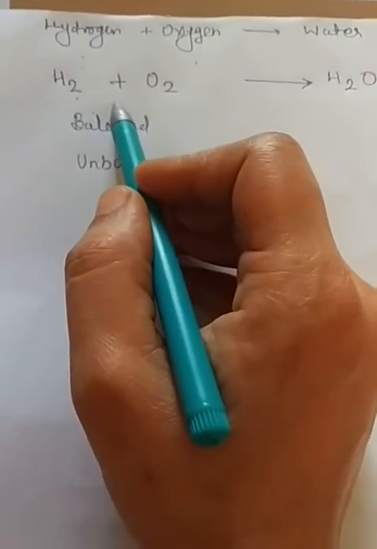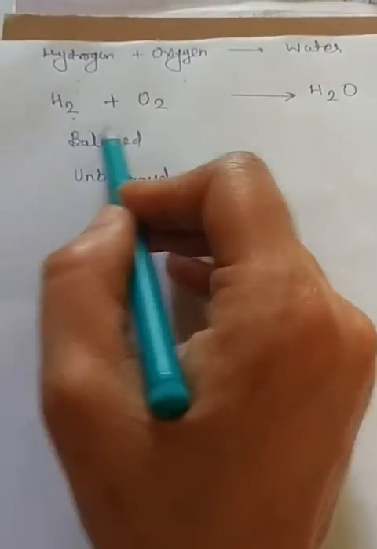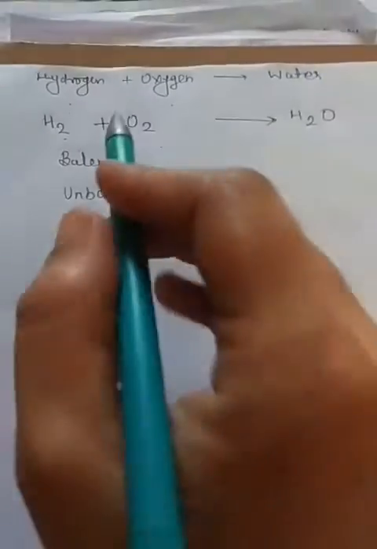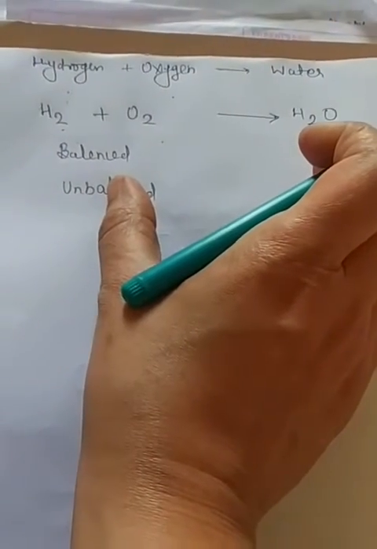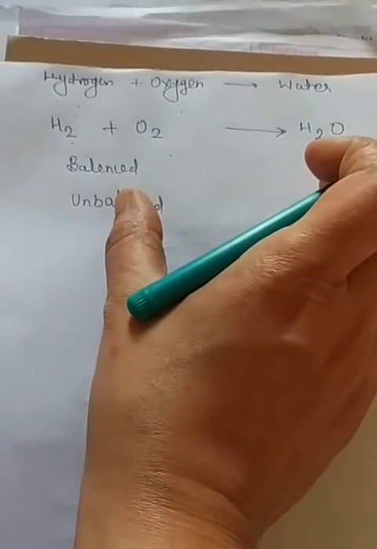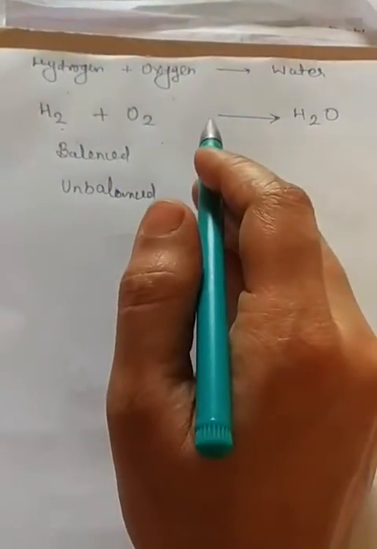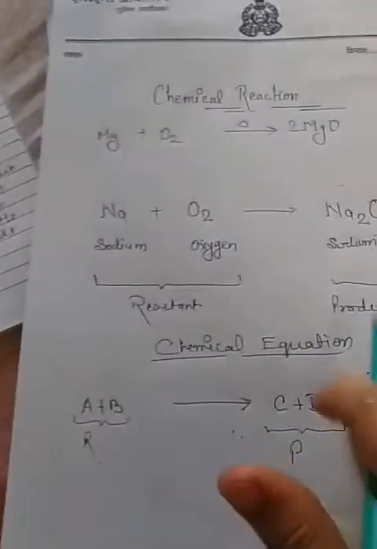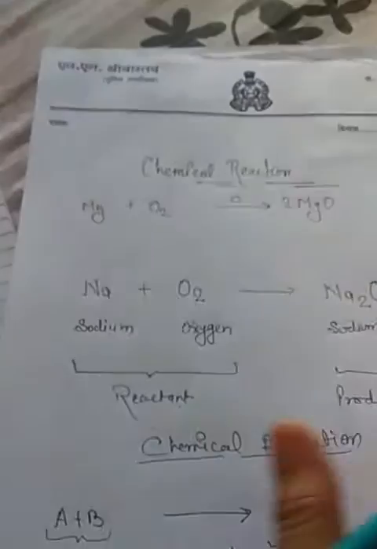Count and compare the number of atoms of each element on the left hand side and right hand side of the arrow. If the number of atoms of each element is the same on both sides, the equation is balanced. If not, the equation is unbalanced because the mass is not the same on both sides. So we need to balance the equation.